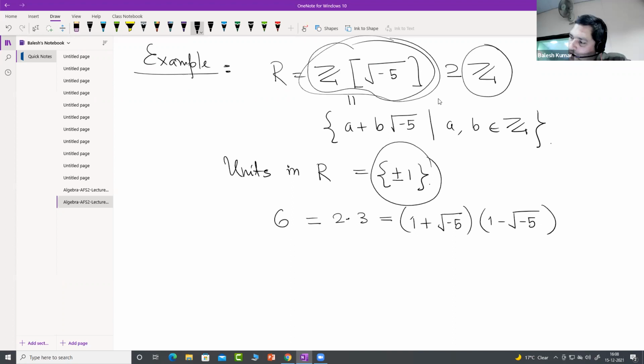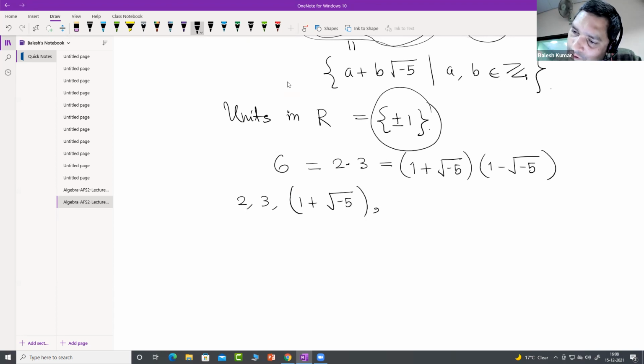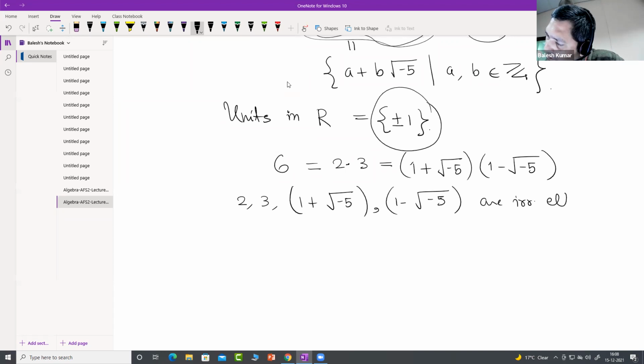Again, it is a tutorial question that the elements 2, 3, 1 plus square root of -5 and 1 minus square root of -5 are irreducible elements inside this integral domain R. If not, you can try by yourself to check that these are irreducible.